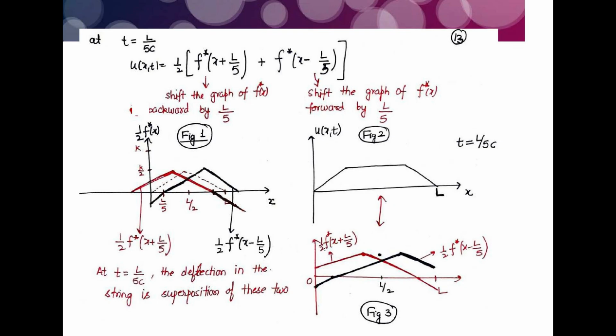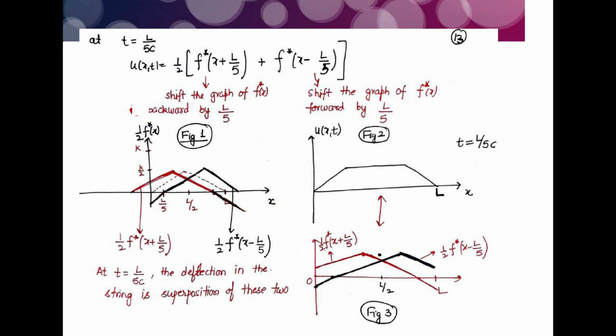Now the deflection in the string u(x,t) is given by the superposition of these two graphs. So first go to figure number 3. Now in this figure I am just drawing the graph of these two shifted graphs, half f star (x plus L by 5) by the red curve and half of f star (x minus L by 5) by the black curve.